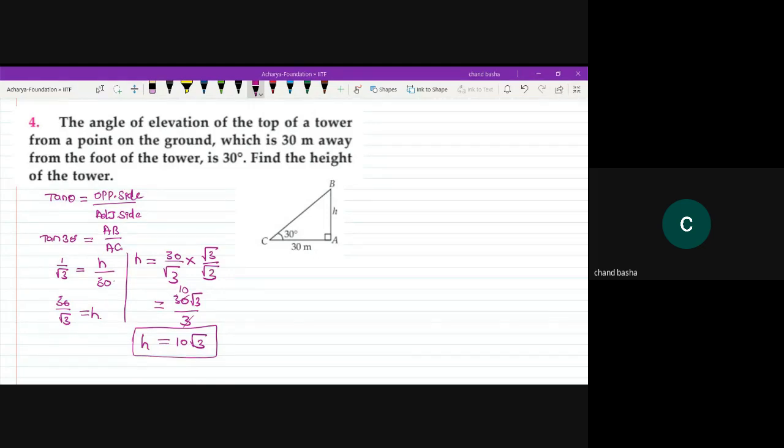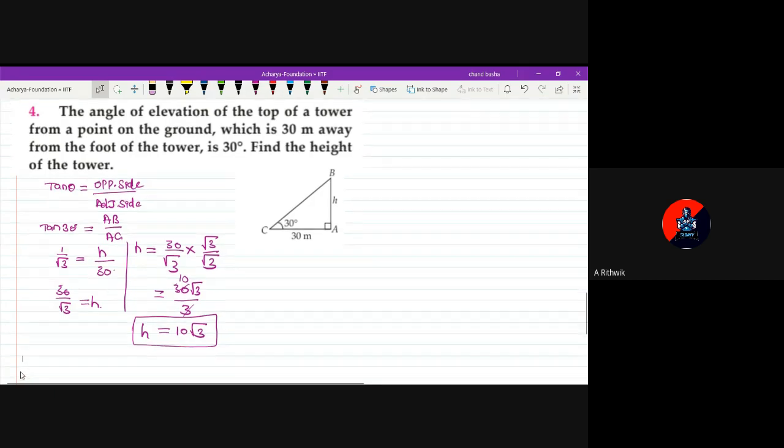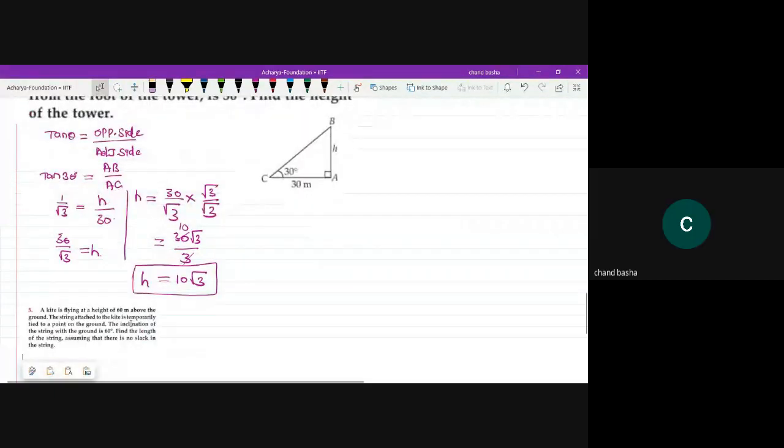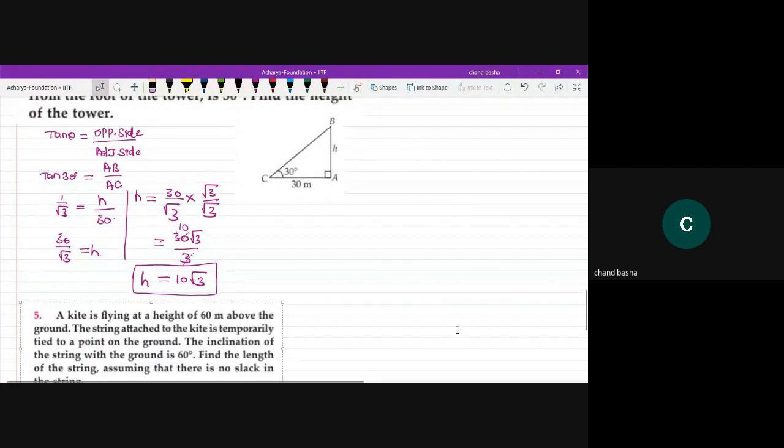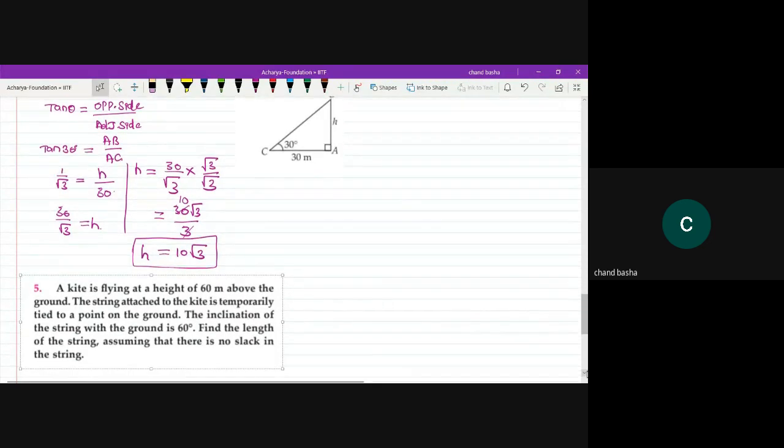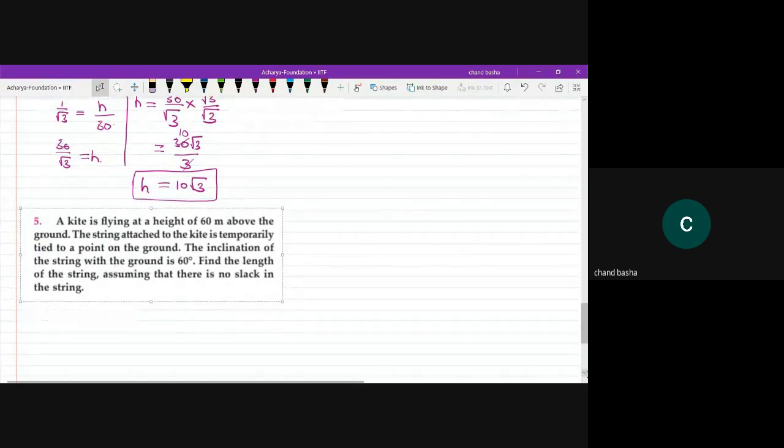See how we are using trigonometry in our day-to-day life. Yes, sir. Very useful. Let's see the next example. You can understand that we are interested in flying kites in the month of January or February. Let us see the question related to your kite.